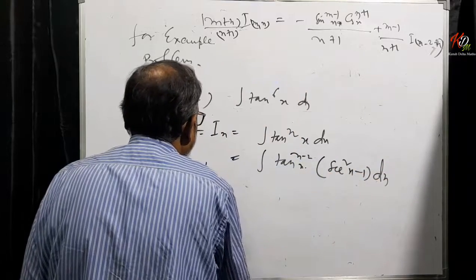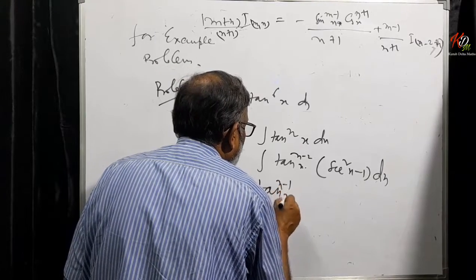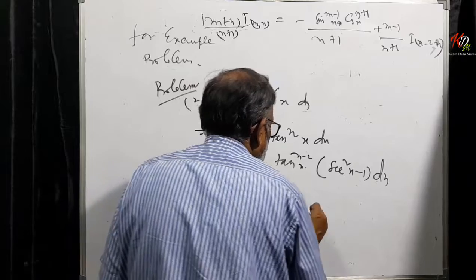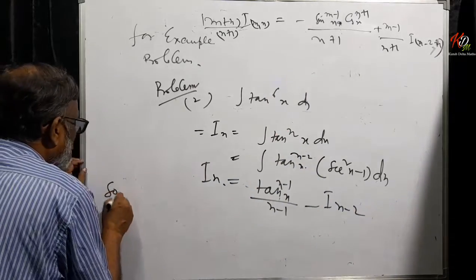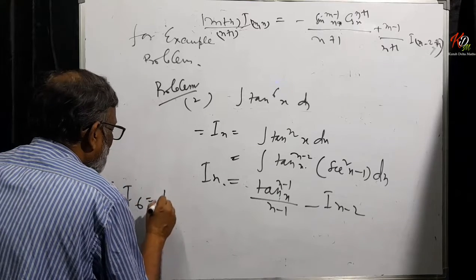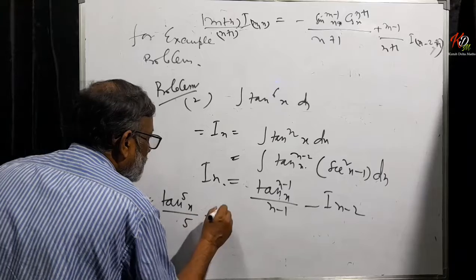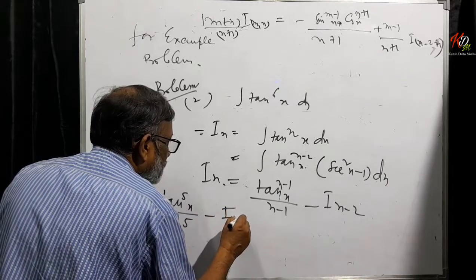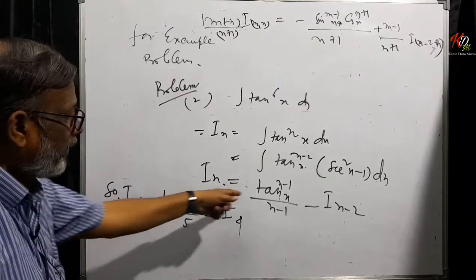So I n equals tan to the power n minus 1 x by n minus 1 minus I n minus 2. So I 6 equals tan 5x by 5 minus I 4, putting the value of n equal to 6.